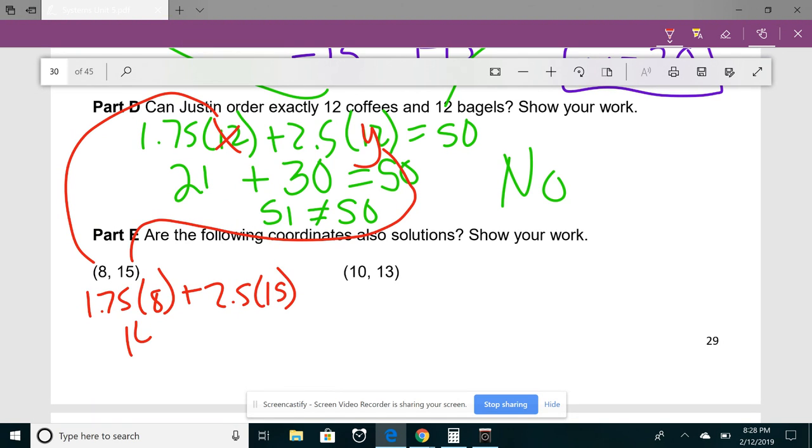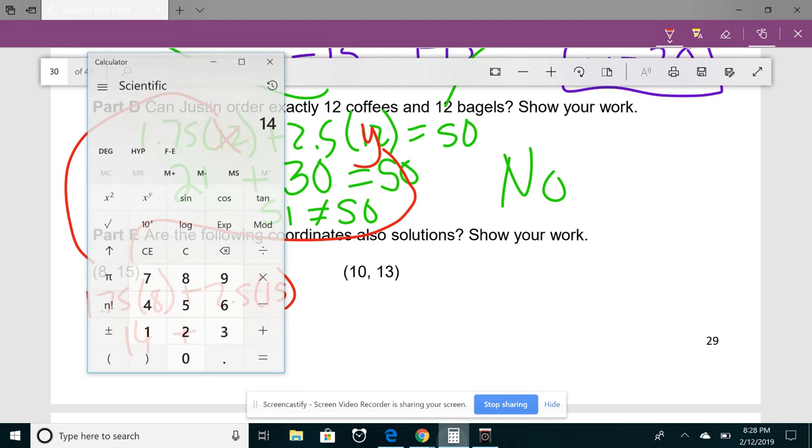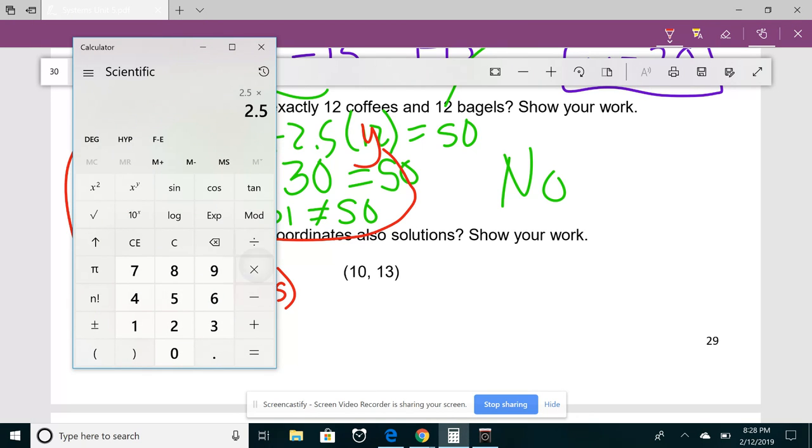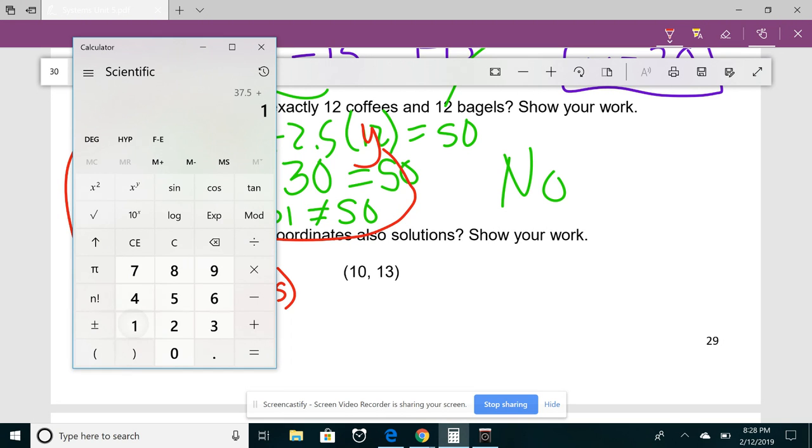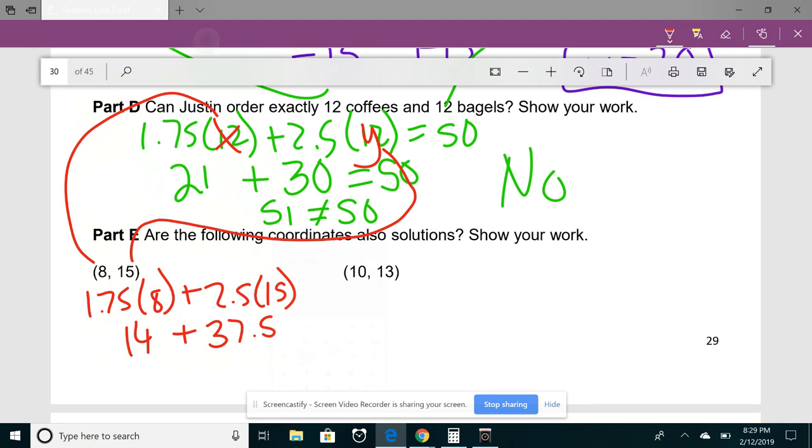So 14, 2.50 times 15 is 37.5. When I add those together, you get 51.5. So again, I can't afford that. So no.